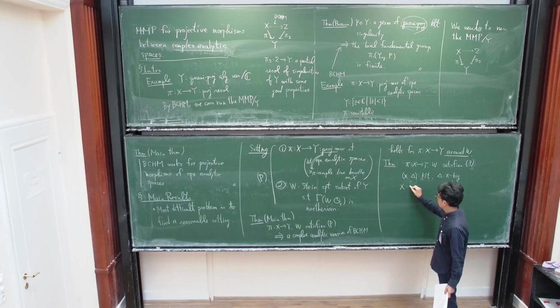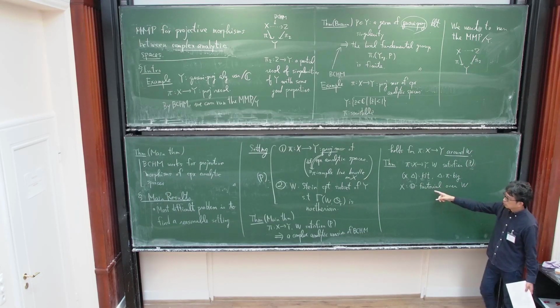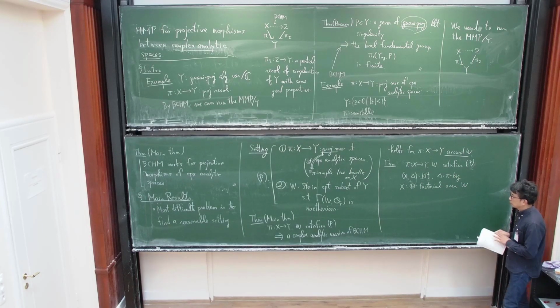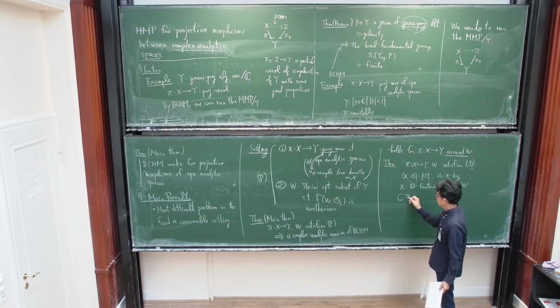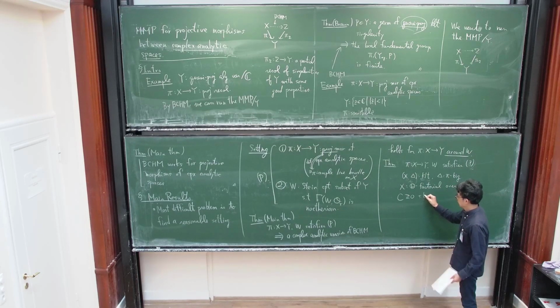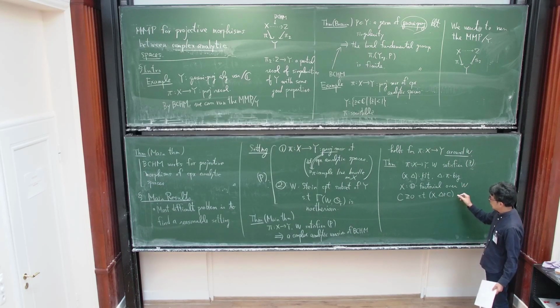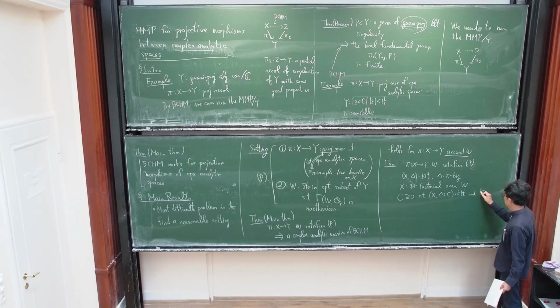We further assume X is Q-factorial over W. This condition is very subtle, but it is not important in this talk, so I skip the detail of Q-factoriality. And C is an effective divisor such that this new pair, (X, Delta plus C), is still KLT, and K_X plus Delta plus C is pi-nef over W.